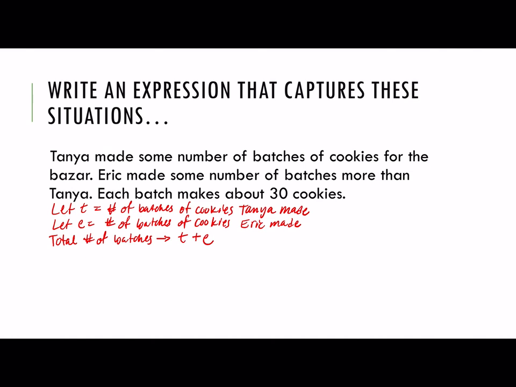What else do they give us here? It's that Eric made some number of batches more than Tanya. So when we see some number and some number, okay, we can use those and write variables.